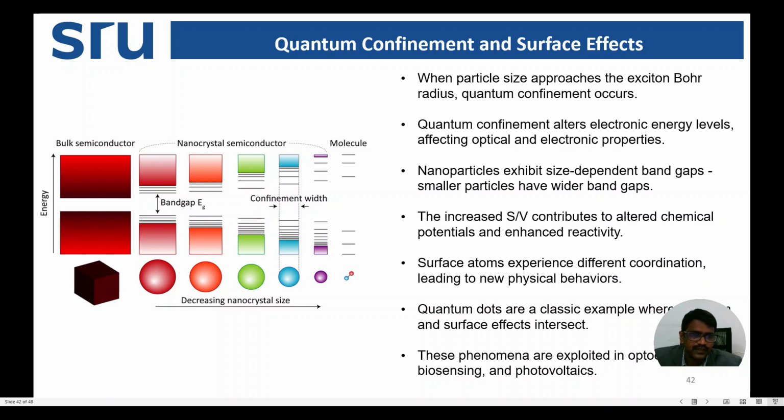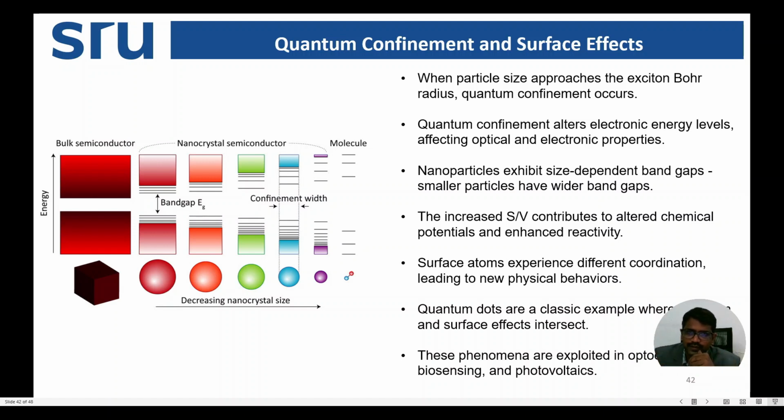The exciton Bohr radius is nothing but the average distance between electron and hole in an exciton, the electron-hole pair. So the average distance is nothing but Bohr radius.